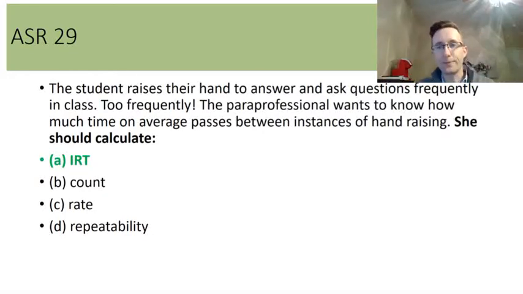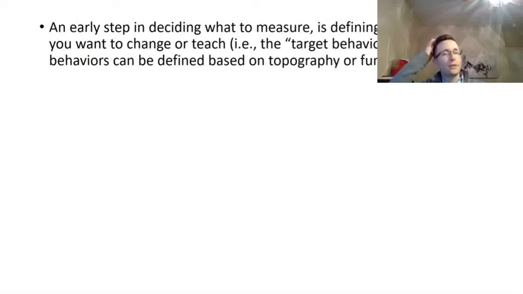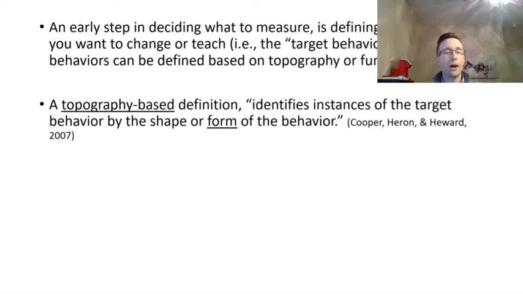That's IRT. Alright, so an early step in deciding what to measure is defining the behavior you want to change or teach, and we typically call that the target behavior. Target behaviors can be defined based on topography or function. The topography-based definition identifies instances of the target behavior by the shape or form of the behavior, what it looks like.